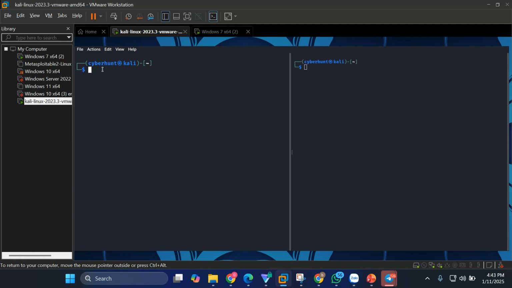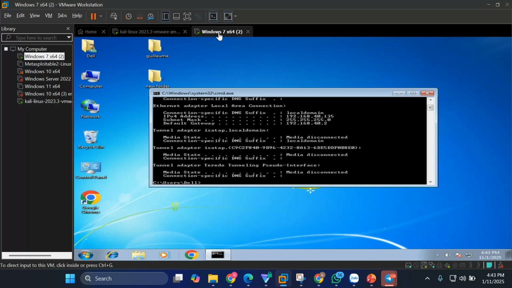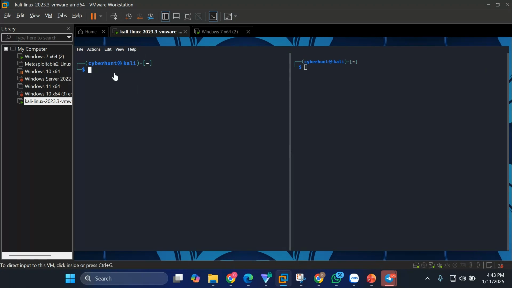and what we want to do is trick the Windows operating system, using Kali Linux, to think that Kali Linux is now the router, so that every piece of information that Windows is going to be sending through this default gateway, we are going to be able to intercept in our Kali Linux operating system.